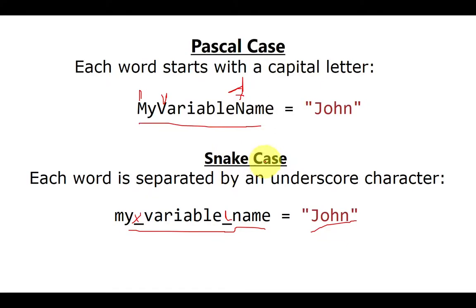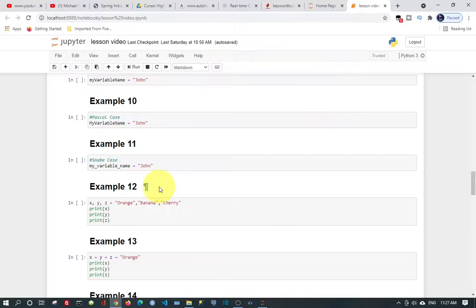Then we have snake case, in which each word is separated by an underscore character. So we have here my underscore variable underscore name, and the value being assigned to it, John. The snake case is separated by an underscore.